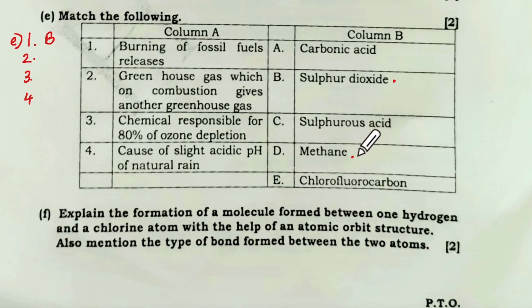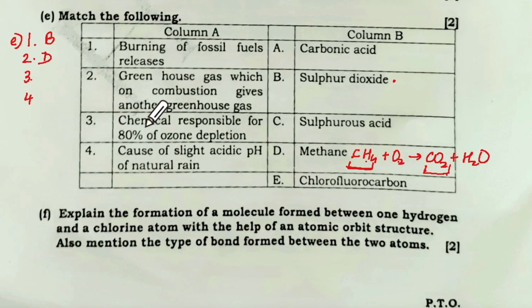What is the formula for methane? CH4. So if I combine it with oxygen, will it give you CO2 and H2O? I'm not balancing the reaction. Is it possible here? C will give you CO2, H will give you H2O. Is this a greenhouse gas? Is this also a greenhouse gas? Yes. So the greenhouse gas on oxidation gives another greenhouse gas, means it will be methane. So it will be your D.